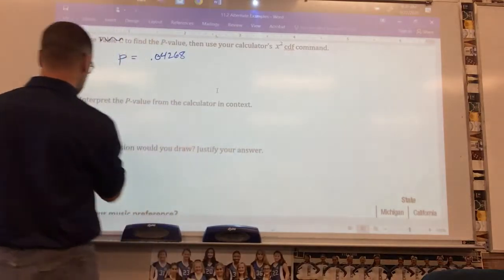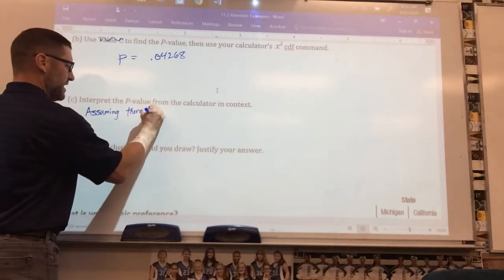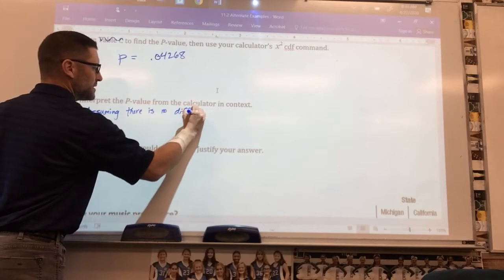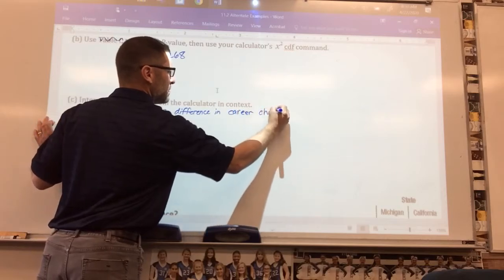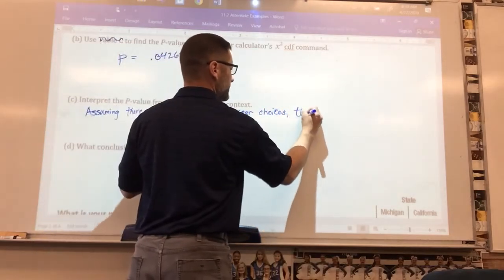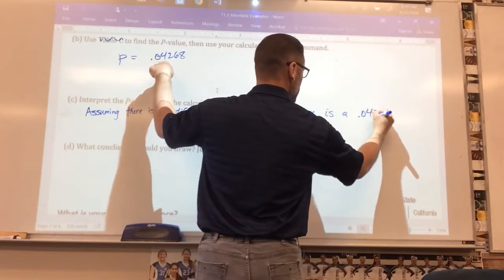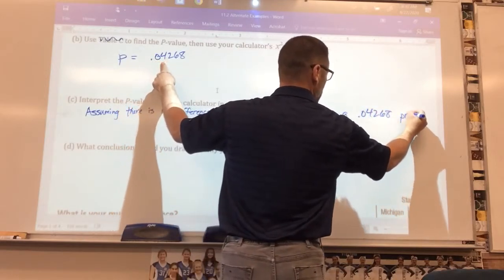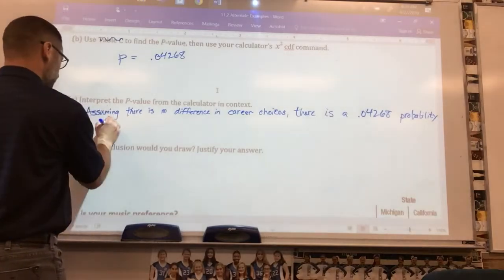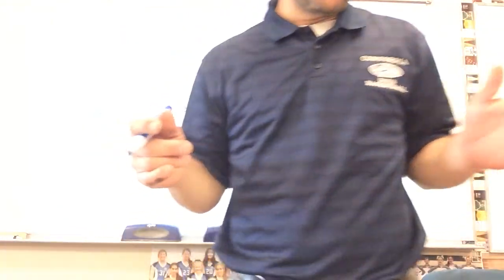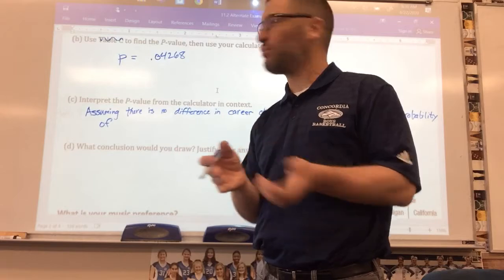Okay, assuming there is no difference in career choices, there is a 0.04268 probability of those differences in distribution purely by sampling variability and purely by chance.